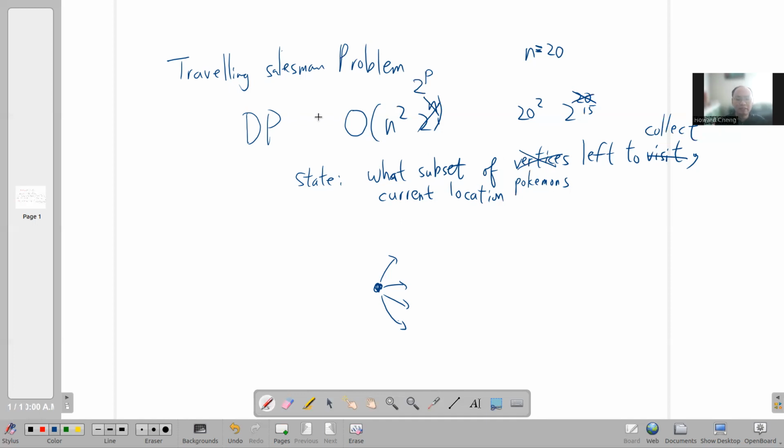But if you understand that traveling salesman dynamic programming algorithm, then this is really the same thing. At each location, you just go to all the different stops that still allow you to make progress. Don't go to any stops that don't give you a Pokemon that you still have to collect.